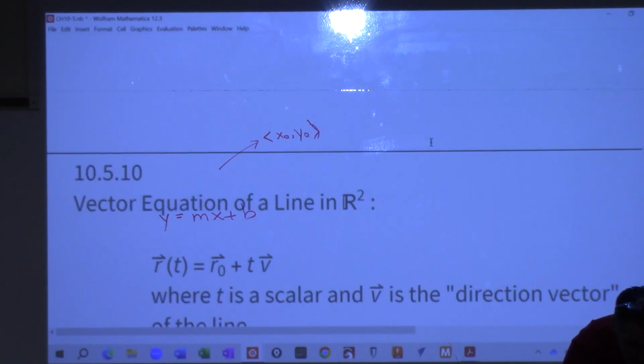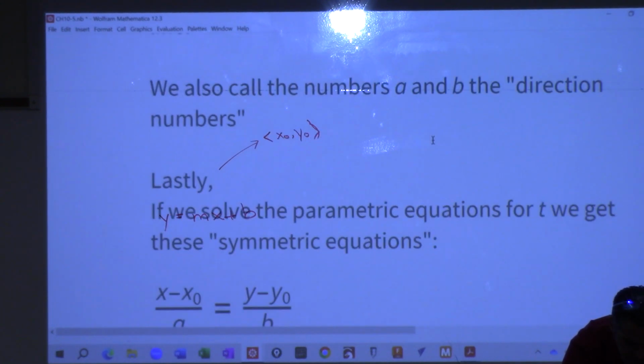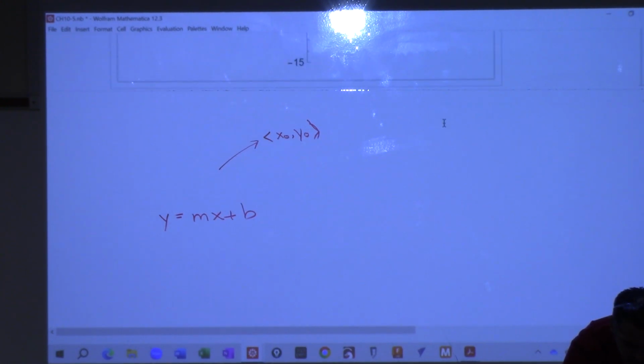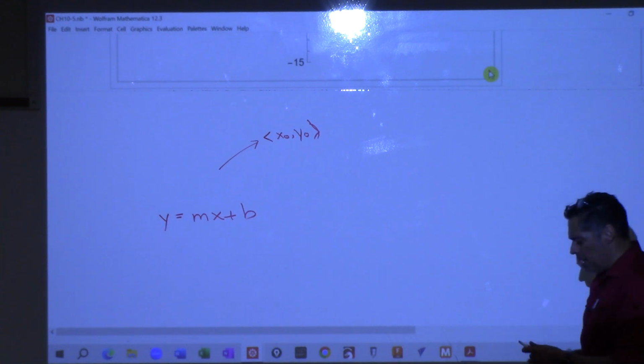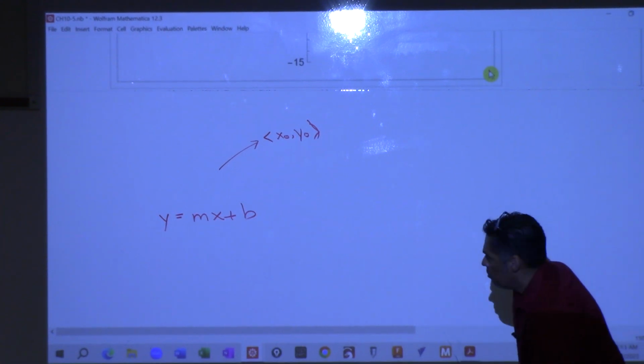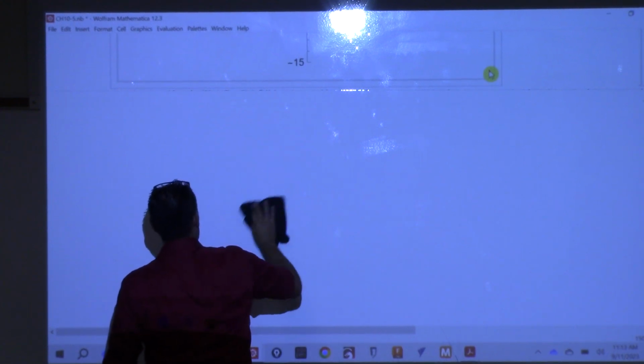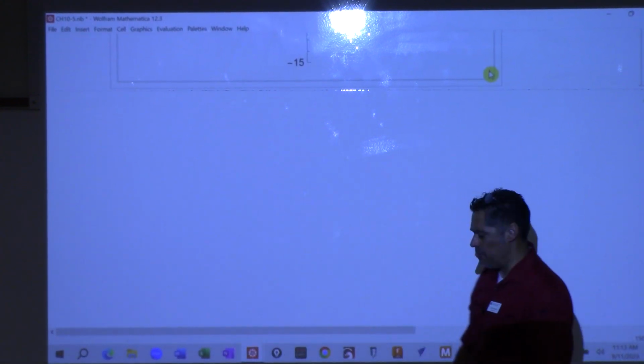Okay, let's see if we can actually do an example. All right, I'm going to give you 2 points in 3-dimensional space, and we're going to come up with the vector equation of the line through those 2 points.